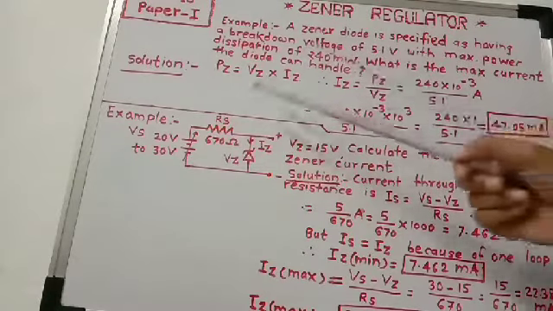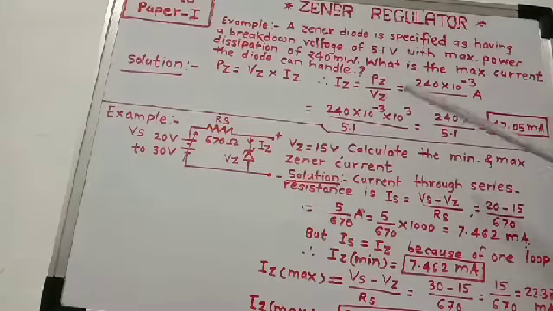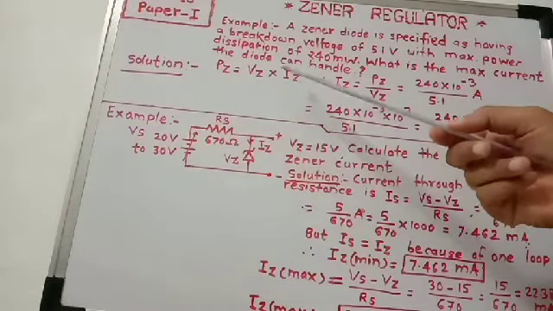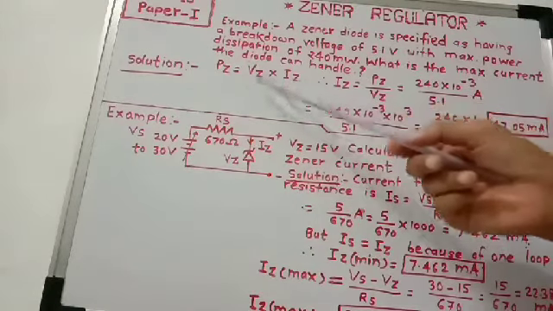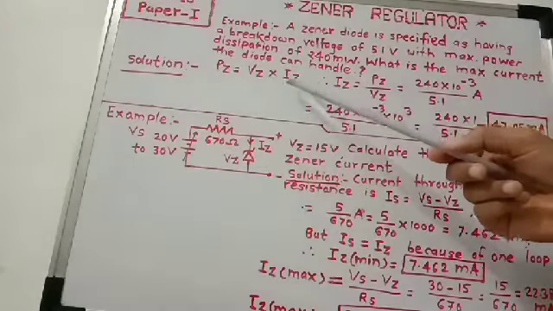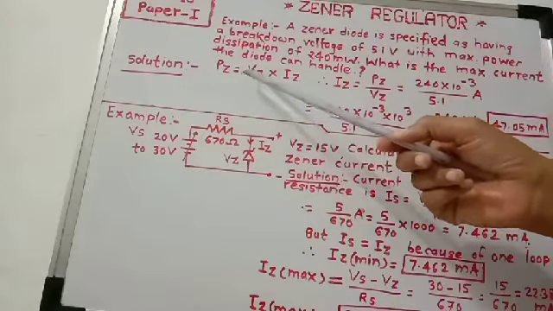It is 5.1 volt and we have to calculate Iz, that is the maximum Zener current that can be handled by the Zener diode. So from this equation, Iz is equal to Pz upon Vz.